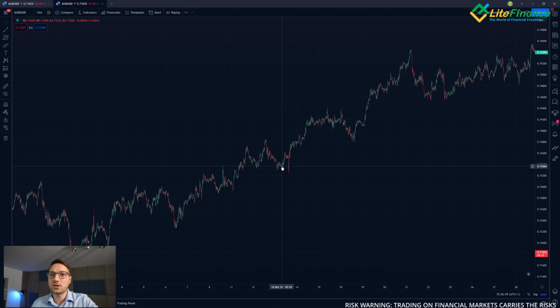I checked MetaTrader and you don't have the option to set one indicator from two time frames. So this will require you to install or check the TradingView platform. So let's dive in.